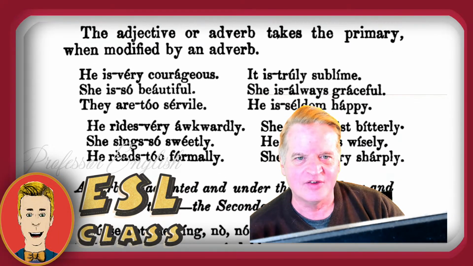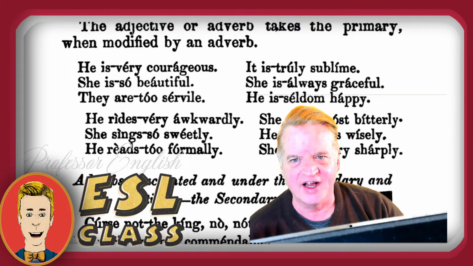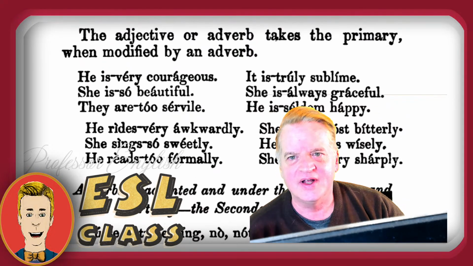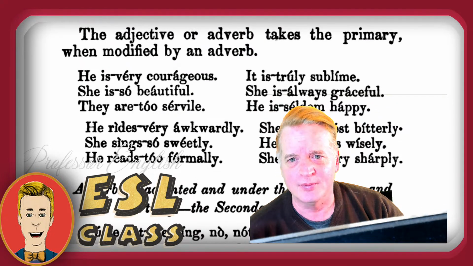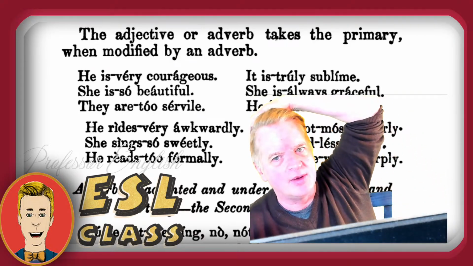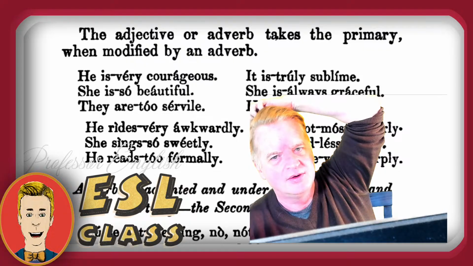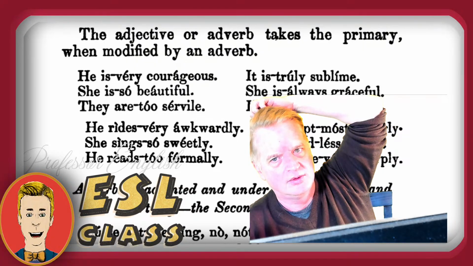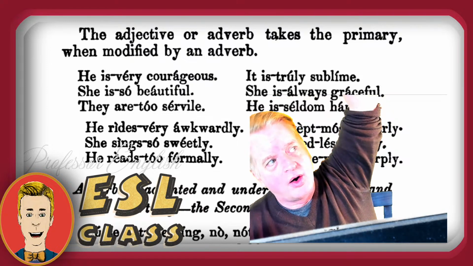Okay, the adjective or adverb takes the primary when modified by an adverb. So we have in the first phrase, Mohammed, can you read the first phrase? He is very courageous. Okay, what is the adjective? Courageous. Okay, and what is the adverb? Very.